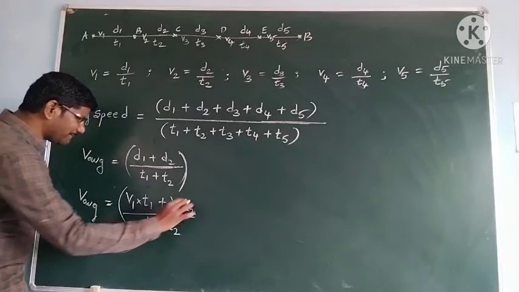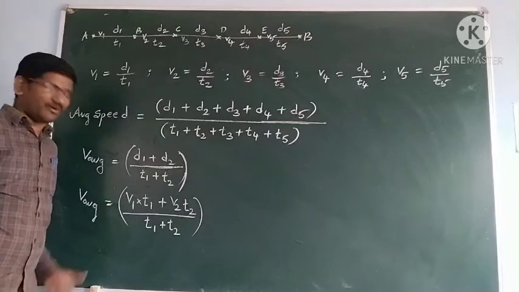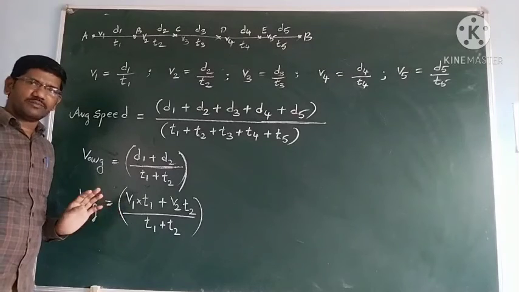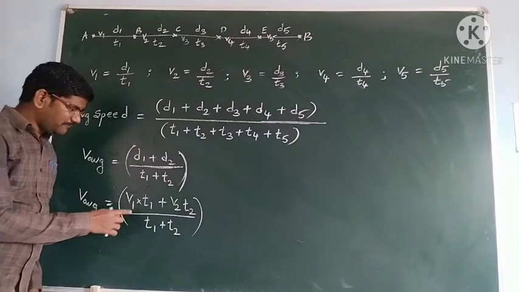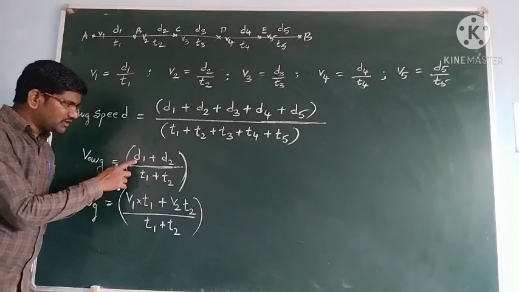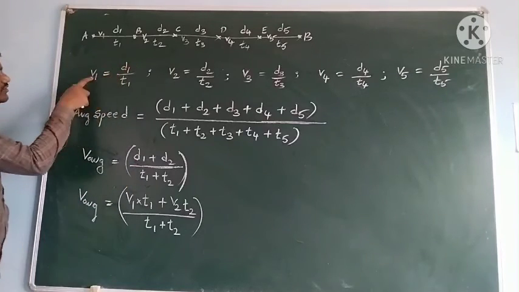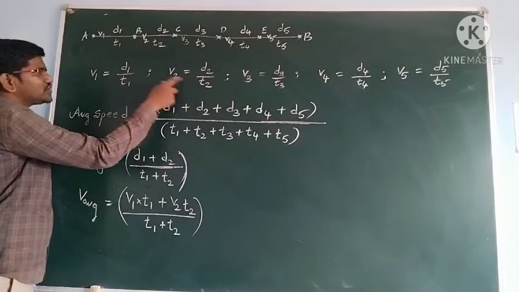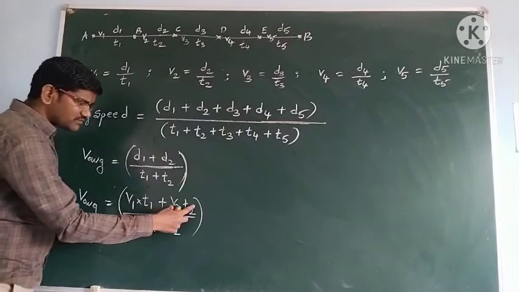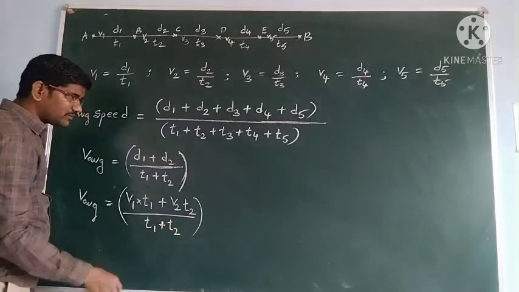This is called the average speed formula. If you know only speeds and times, distance you can write: D1 is equal to V1 into T1, D2 is equal to V2 into T2. So instead of D1 and D2, I have written V1 T1 plus V2 T2 by T1 plus T2.